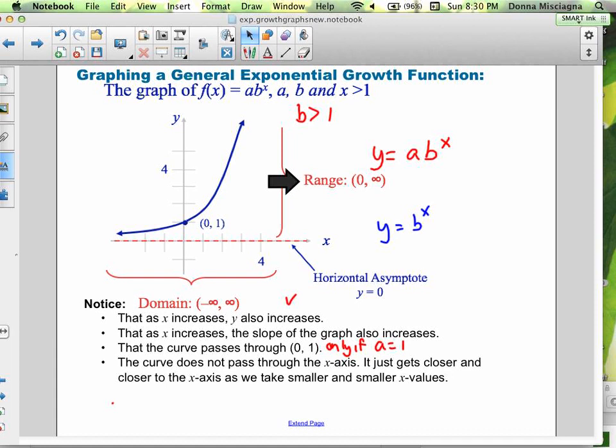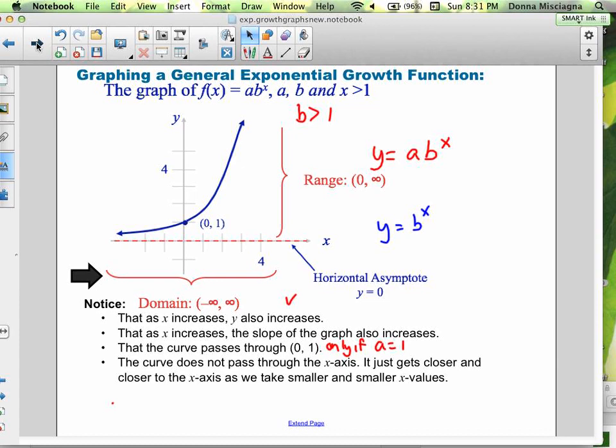There's no way I can raise a positive number to any power and get something negative. Right? If I raise it to a negative exponent, it'll get smaller and smaller. Right? But it will never be negative. And that's why we have a restricted range here. And that's why we have a horizontal asymptote. Right? Because there's no way to raise positive numbers to any power and get anything but a positive number back.